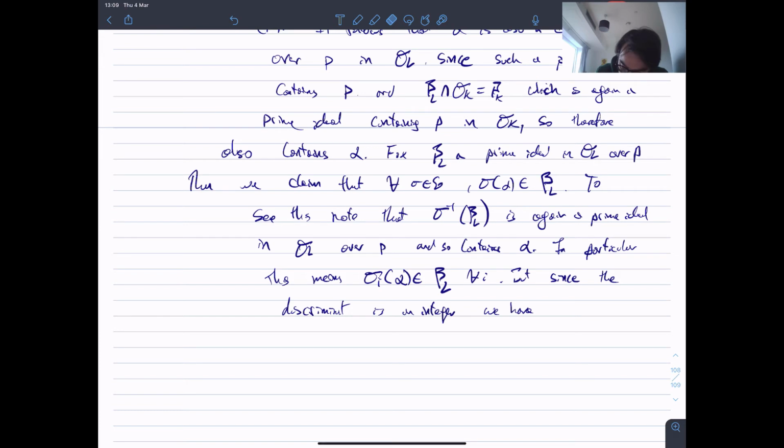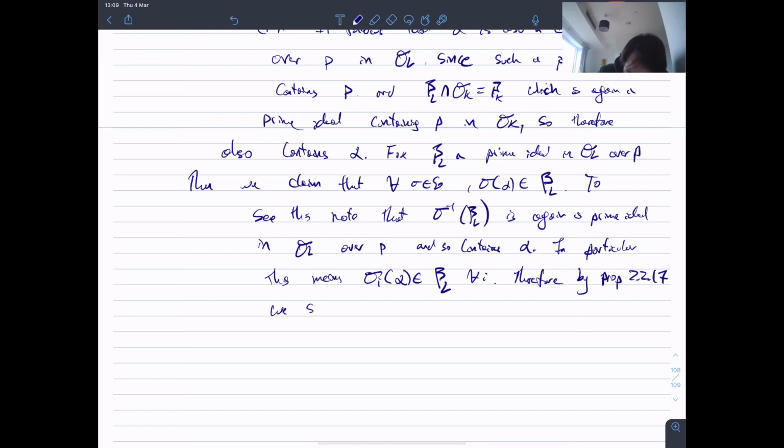Okay, sorry, I skipped a line here. Let me read this slowly. So sigma i of alpha is in beta L for all i. Therefore, by Proposition 2.2.17, which told us how to compute a discriminant in terms of embeddings, the discriminant looked like the product over i less than j of sigma i of alpha minus sigma j of alpha, squared.